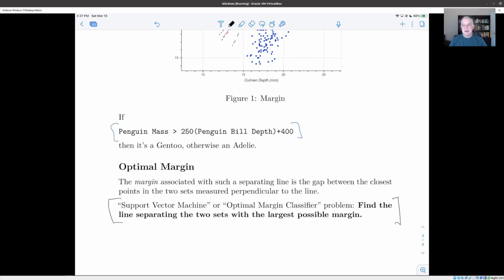And if we can solve that problem, then we will use that hyperplane as our classifier. If you're above the hyperplane, you're in one class. If you're below the hyperplane, you're in the other class. So that's the strategy that we will take up in the lectures to come.